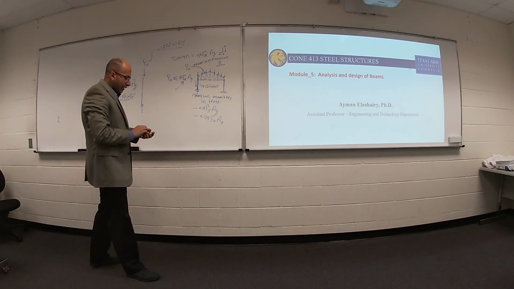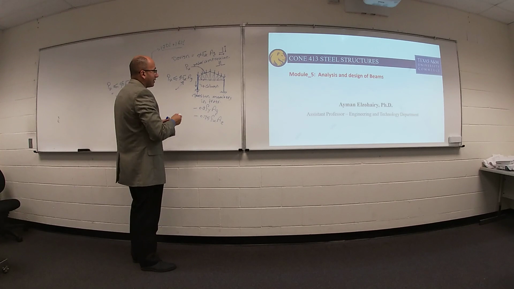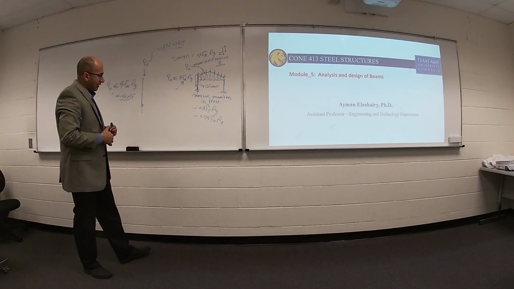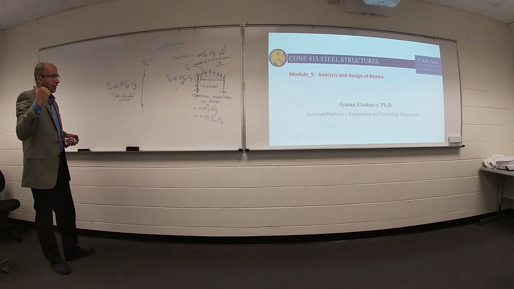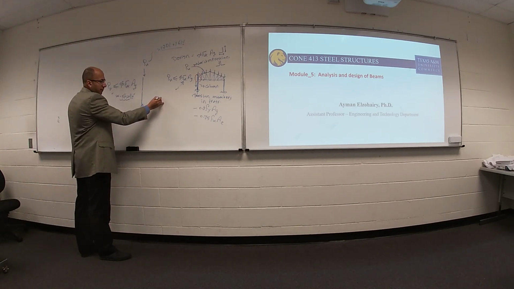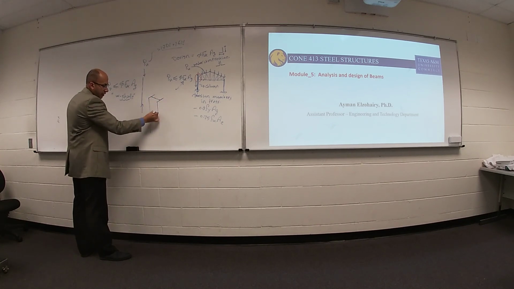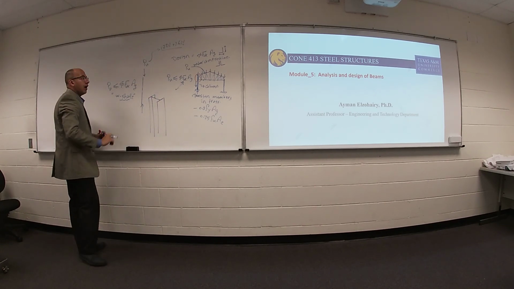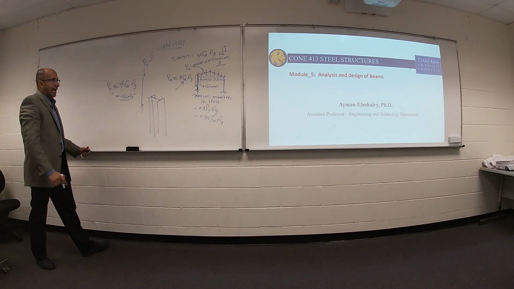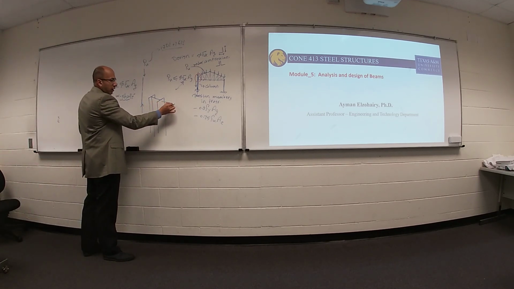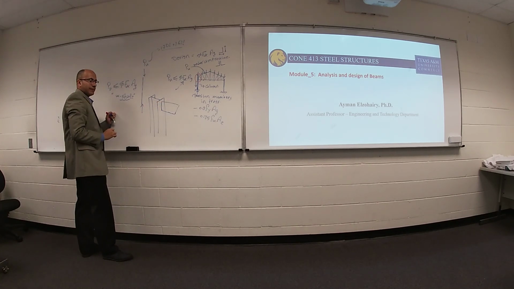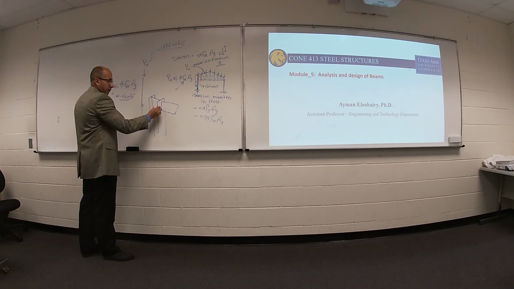So, if you would like to understand what is the relation here, we will discuss it in details in connection, but in the meantime, here is your column. W shape. At this location, we are welding something called gusset plate by welding.